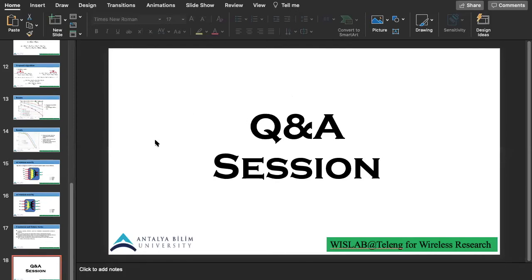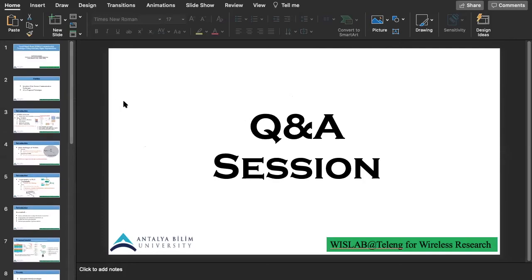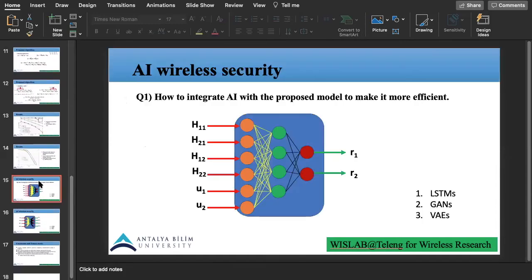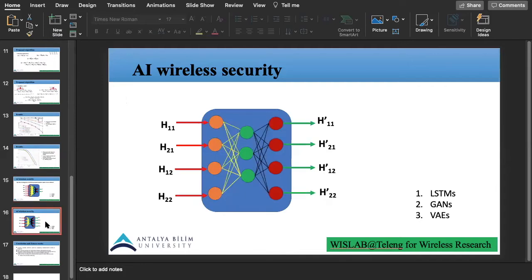Okay, so I'm assuming, are we all familiar with deep learning or artificial intelligence and these LSTMs and generative adversarial networks? Are we familiar with these topics?